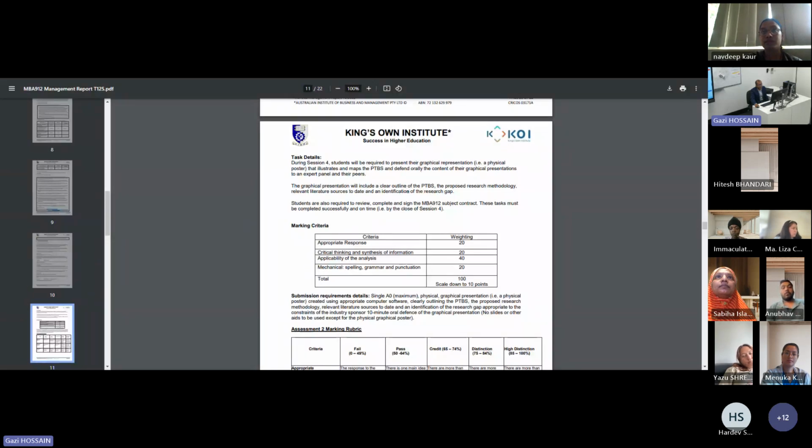Suprit, growing demand for eco-friendly products, ethical sourcing, and corporate responsibility requires companies to integrate sustainability into their operations. Now Suprit, actually this is not a research topic. This is like a statement.